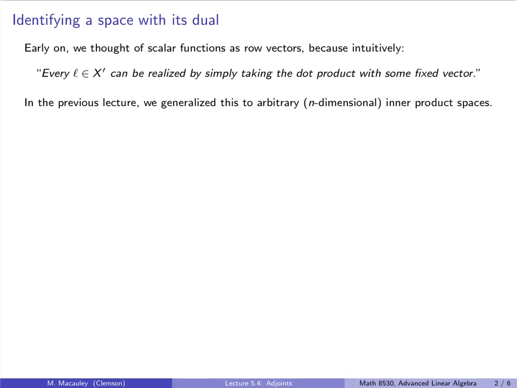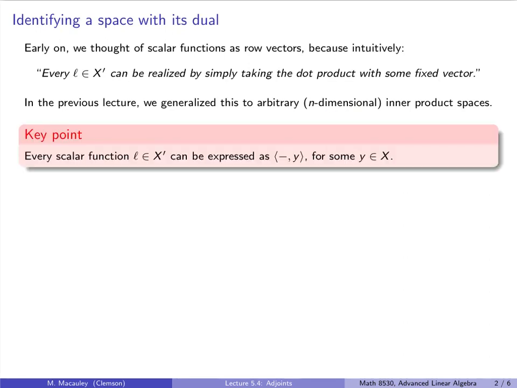In the previous lecture, we generalized this idea to arbitrary n-dimensional inner product spaces. Specifically, every element in the dual space can be expressed as the linear function that results from taking the bilinear inner product and plugging in a fixed vector y into one of the two entries.